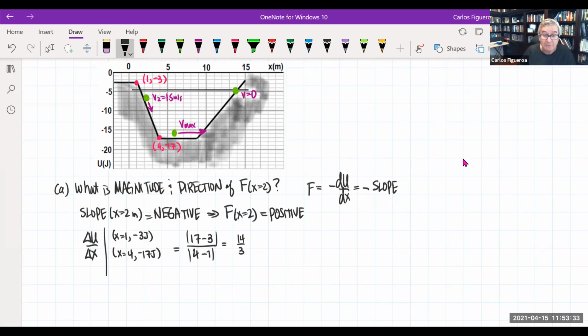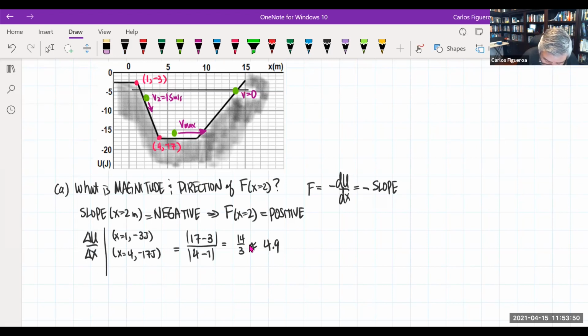That slope value is going to be almost 5, so I'll approximate and say that's pretty close. So I'll say 4.9 newtons.